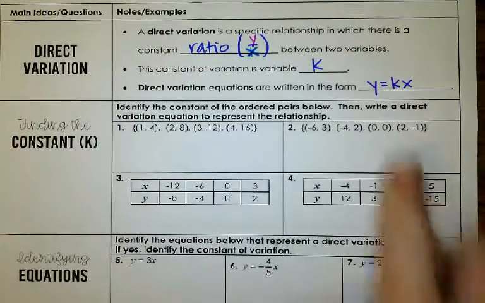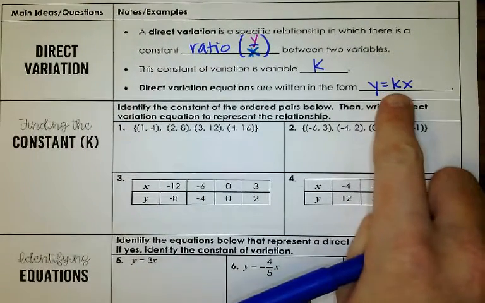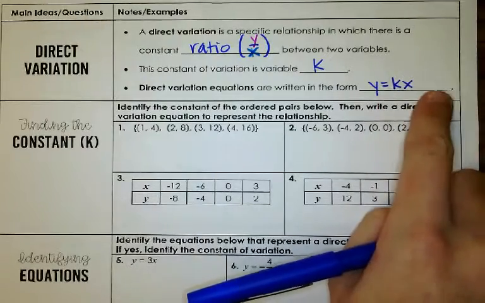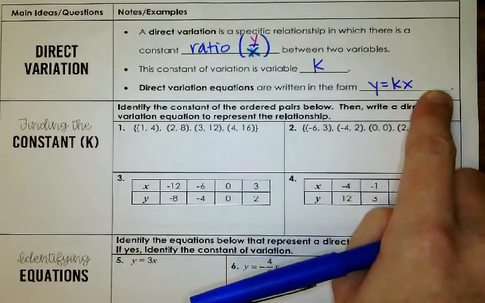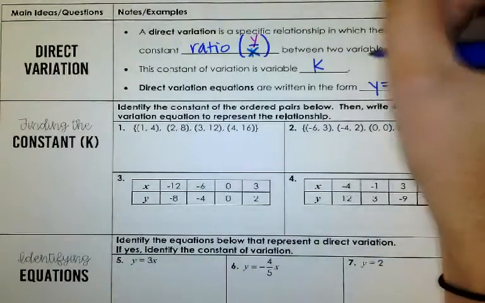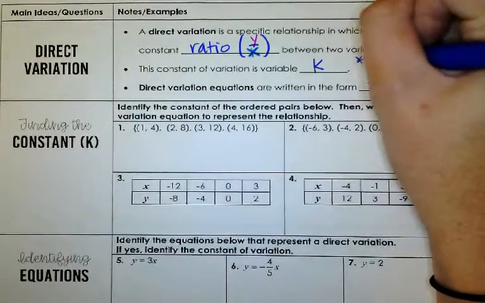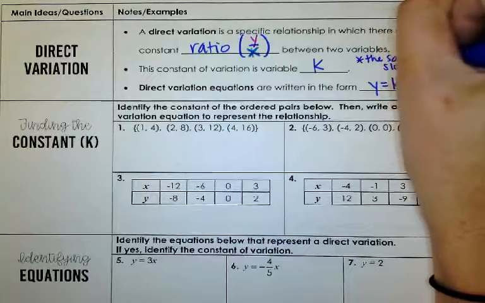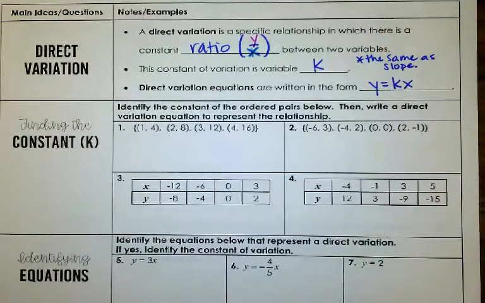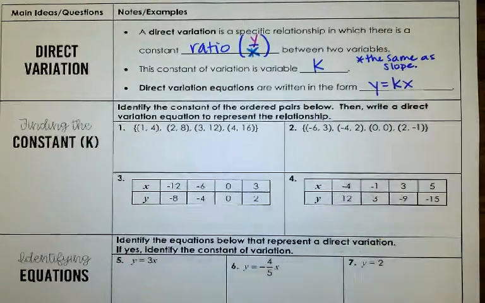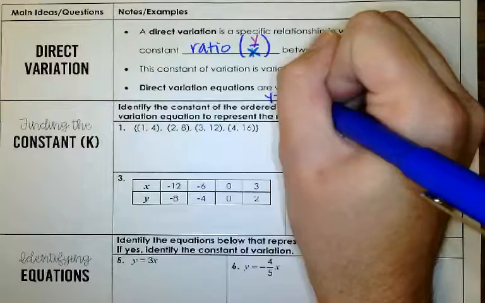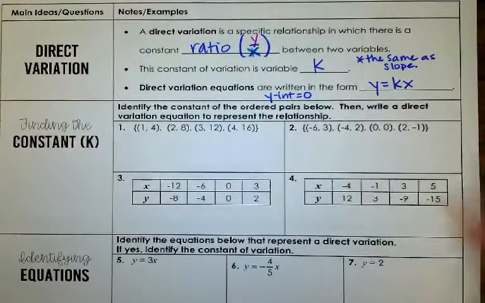So basically, this is my slope-intercept form, but my b is equal to 0. So this k is really the same as slope, all right? But it's when your y-intercept is 0. So it's basically when your y-intercept is equal to 0.